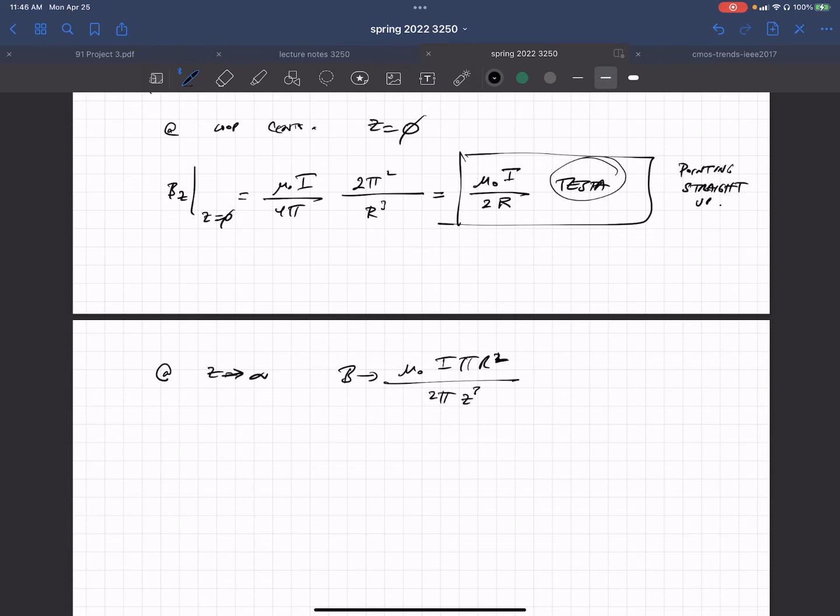And this pi r squared is the area of the loop. Remember that the area of the loop times the current through the loop gave us the dipole moment, defined as the dipole moment of the loop.